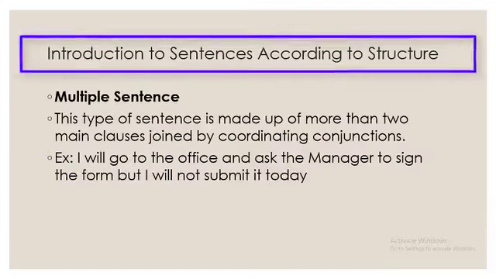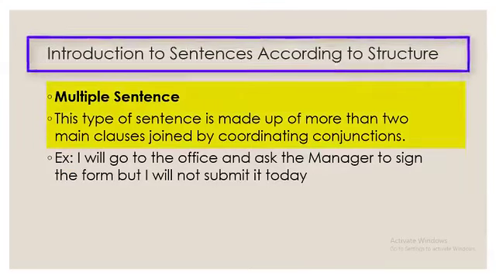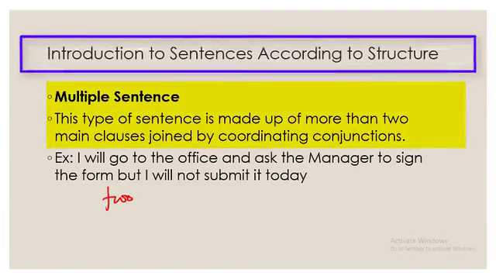Okay? Then we have what we call the multiple sentence. The multiple sentence is a combination of what? Main clauses joined by coordinating conjunctions. Two or more main clauses joined by what?